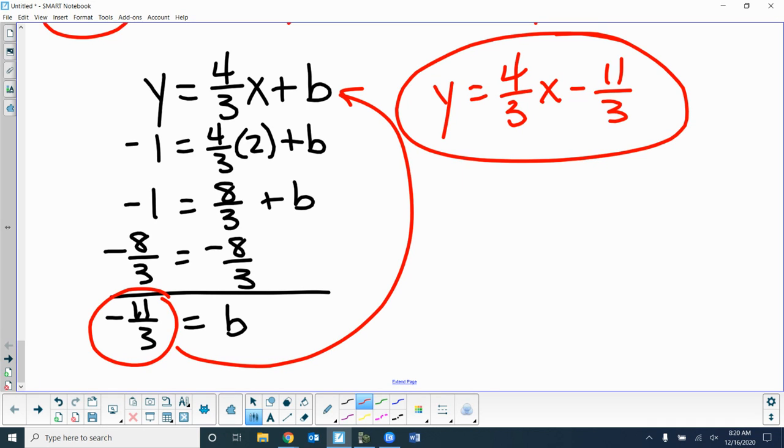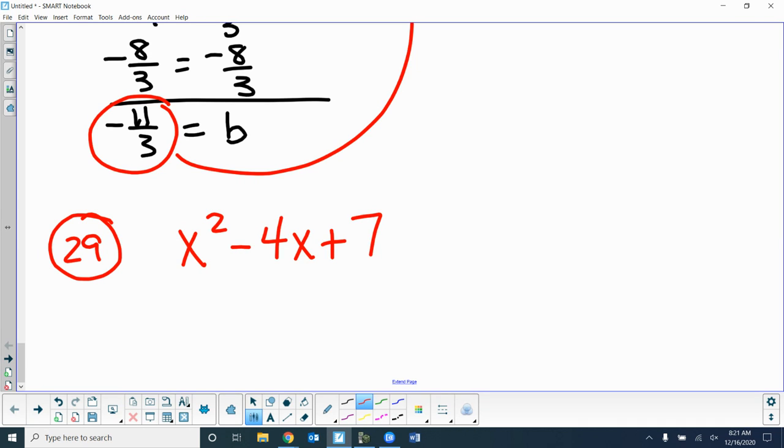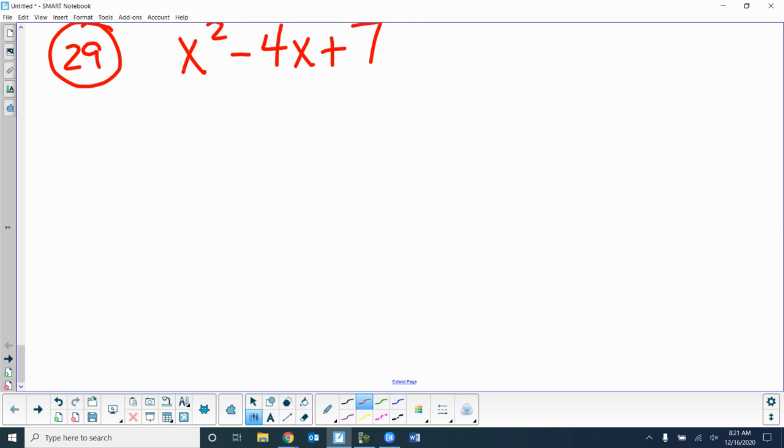Okay, number 29, looking for vertex and axis of symmetry of a parabola. All right, so we got x squared minus 4x plus 7. Okay. So I always do axis of symmetry first.